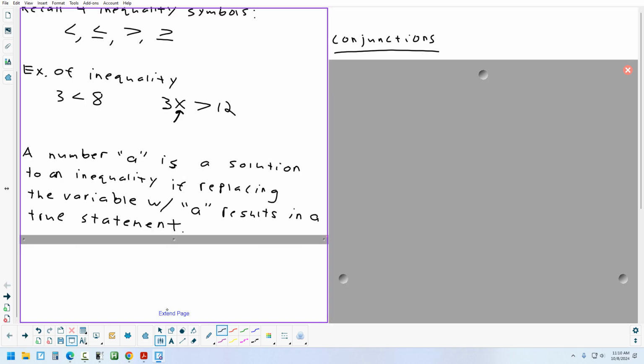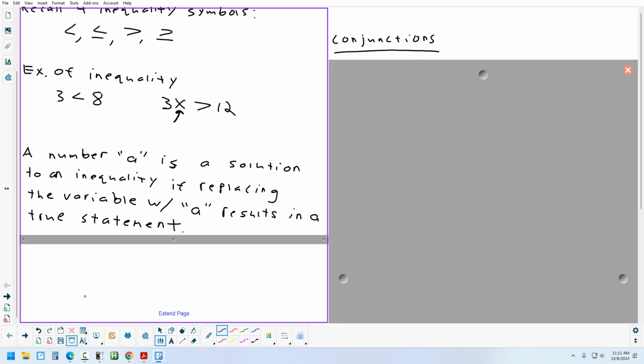When we deal with inequalities, we're going to be talking about two words quite a bit, and and or. With conjunctions, does anybody know which one of those two words is connected with conjunctions? It's not or.